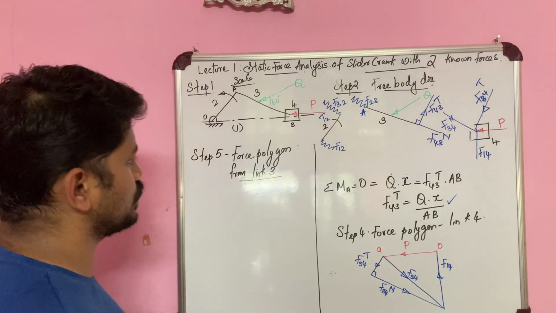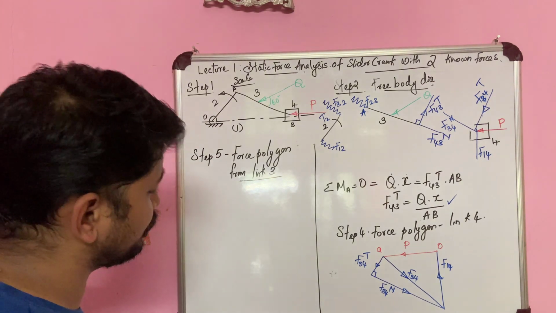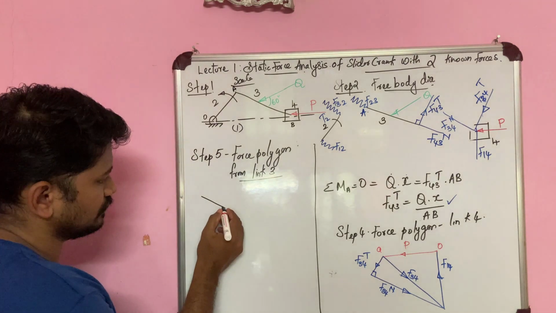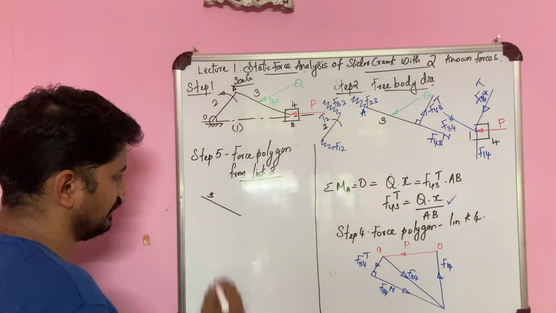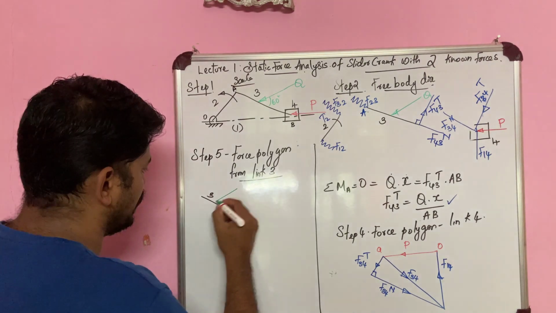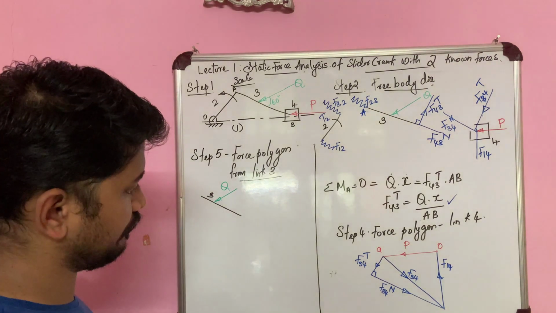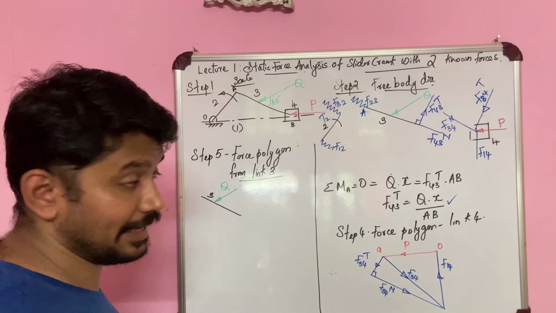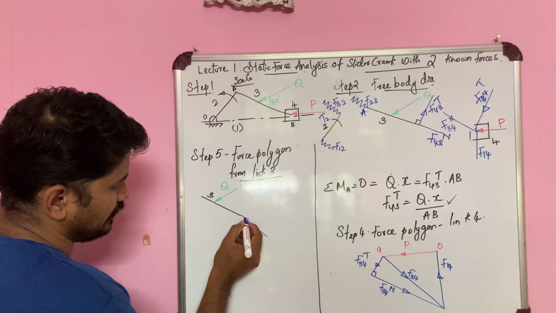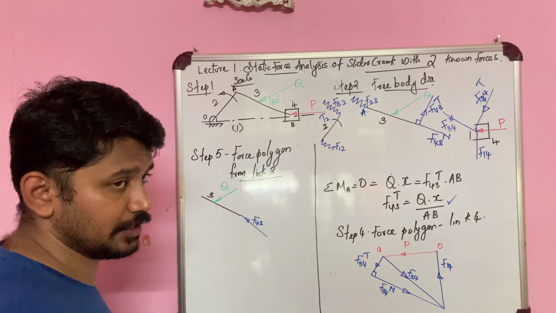So let us draw the force polygon for link 3. Before we go into that, if we take link 3, this is link 3 and I have the force Q over here. I also found out f34's direction as well as magnitude. I am taking that over here, and this is my f43, which is acting in the opposite direction to it.